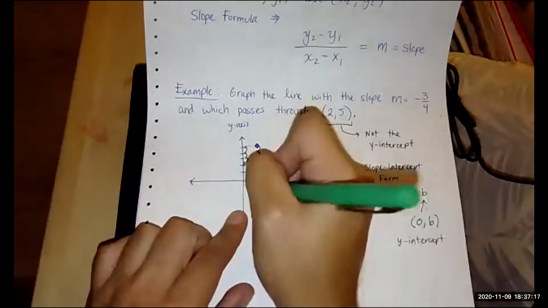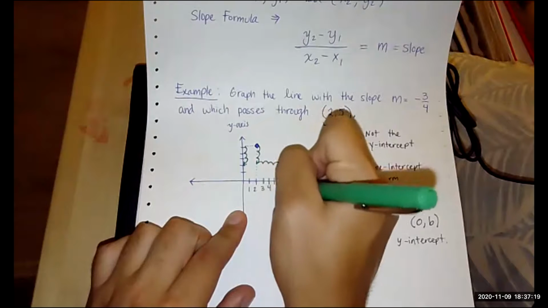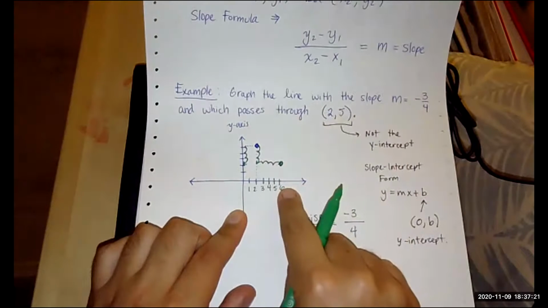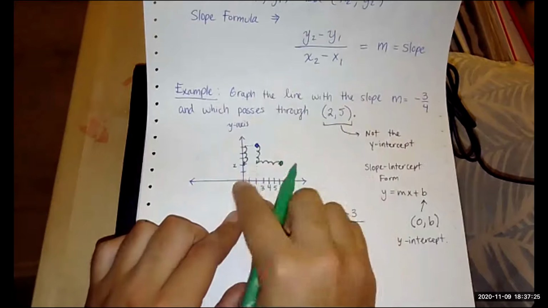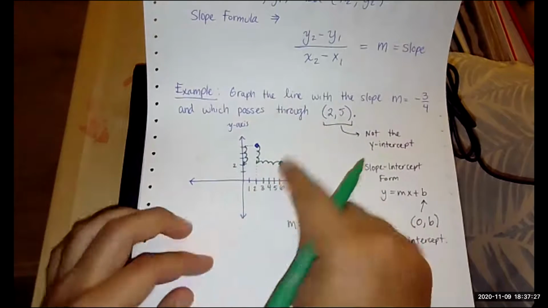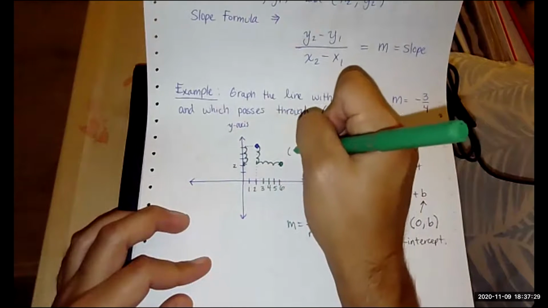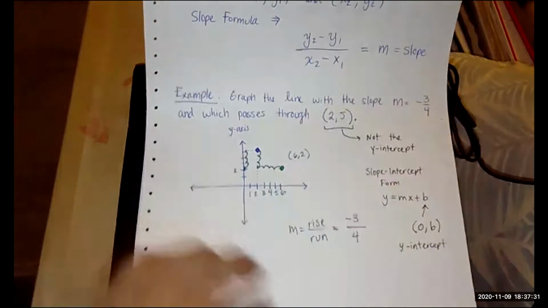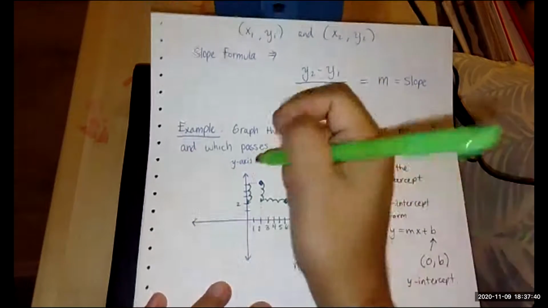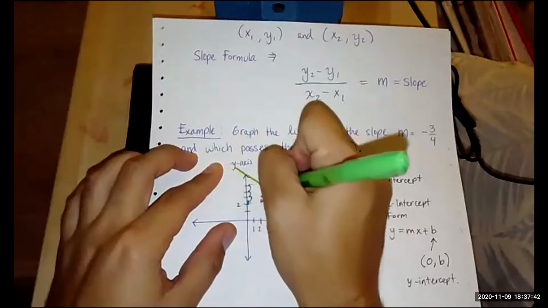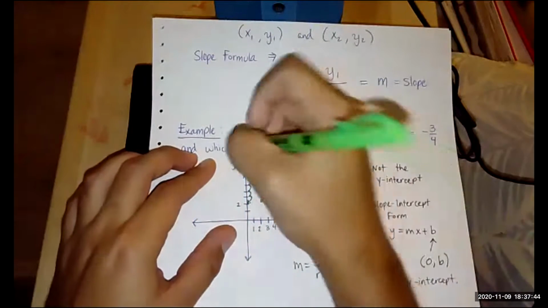That location would be 1, 2, 3, 4, 5, 6 in the x direction, and then 1, 2 in the y direction. So this point here is the point (6, 2). So we can still graph this, no problem, but we won't be able to find the equation quite as easily. I've got these 2 points, so I'll draw my line straight through them.